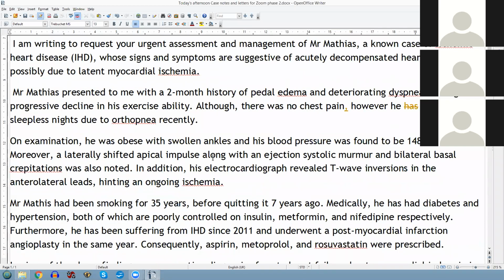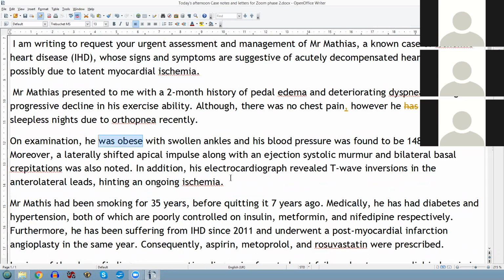He was obese. So I'm not sure when this examination occurred, because on examination, I know it's in the past, but you're writing about it now. So presumably he's still obese now.